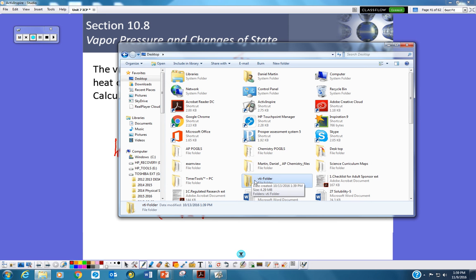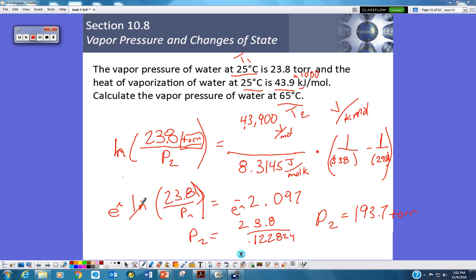Sorry, I'm going to open up my calculator because I want to show you all how to do this. All right, so ultimately you come up with 193.7 torr.